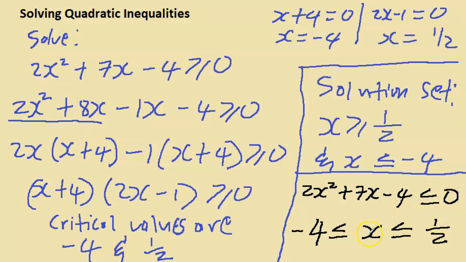You can try values between 0 and a half, and you'll get something that's either equal to 0 or less than 0. Anything more than a half, you'll get something greater than 0. And anything less than negative 4, you also get a value greater than 0.